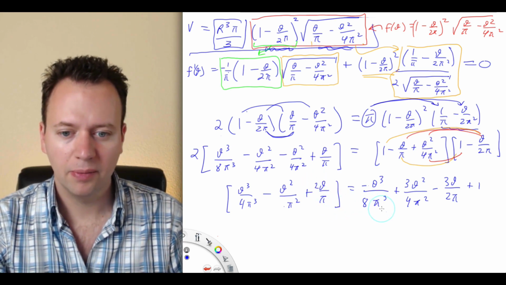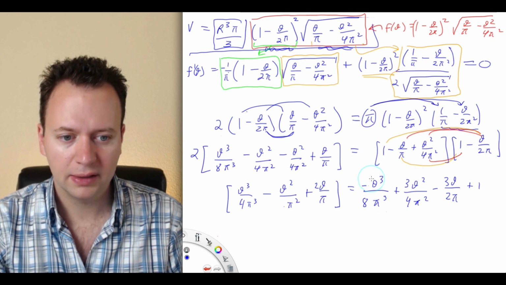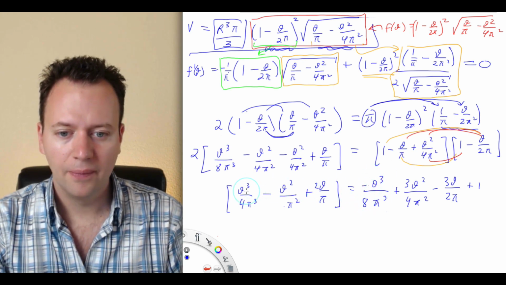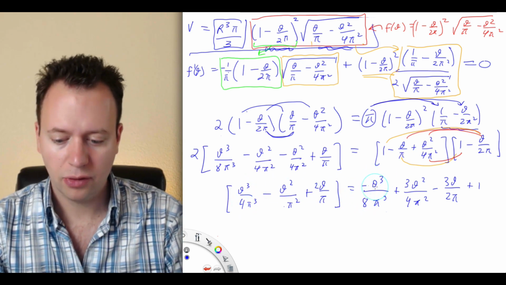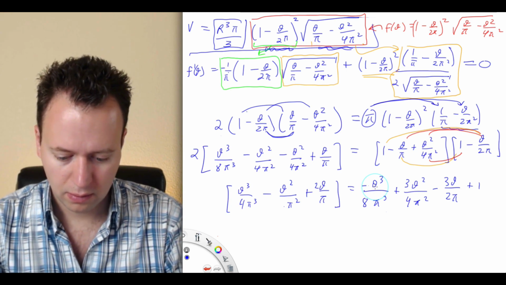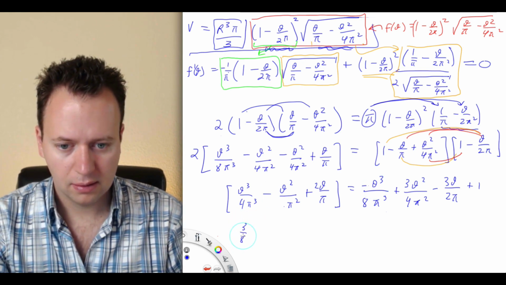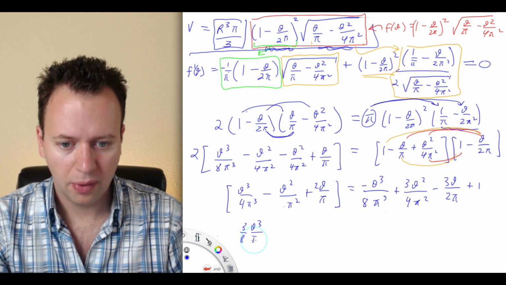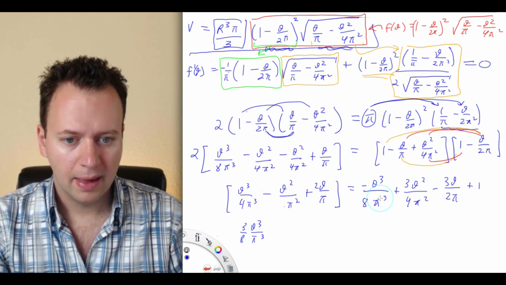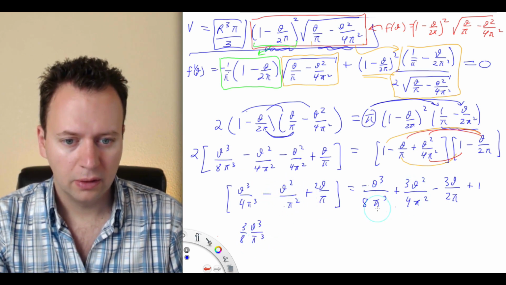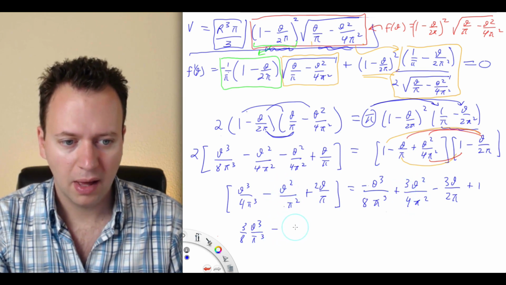Okay, so now we just have to combine everything on one side. So moving everything to the left-hand side, 1/4 plus 1/8 is 3/8. So we get 3/8 theta cubed over pi cubed. And then the squared terms, subtracting this, we get basically 1 minus 3/4, so that's minus 7/4 theta squared over pi squared.